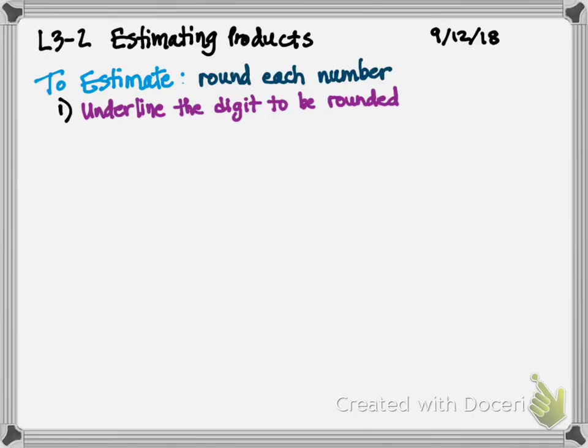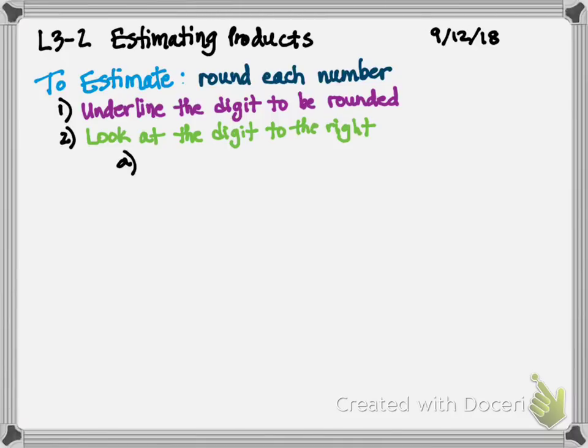Step 2, we're going to look at the digit to the right. That guy is the one in control. He is going to make a decision as to whether your underlined number stays the same or it increases by 1. So the rule says this.